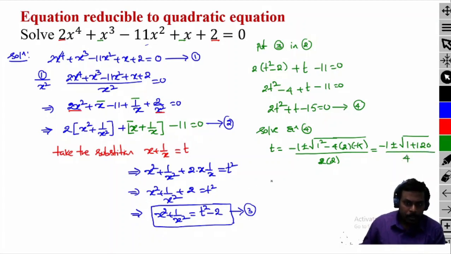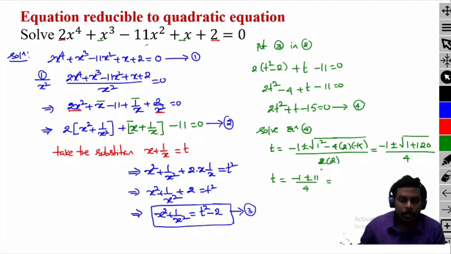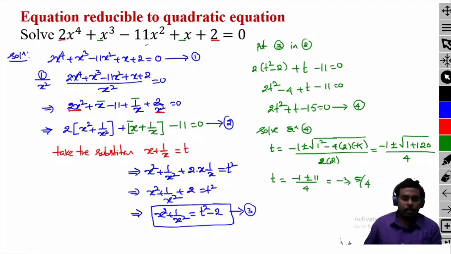So the t values are minus 1 plus or minus 11 by 4: minus 1 minus 11 is minus 12 by 4, which is minus 3, and minus 1 plus 11 is 10 by 4, which is 5 by 2.